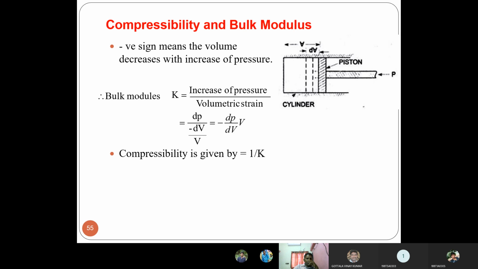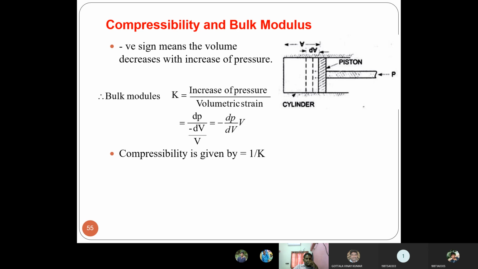Compressibility is the reciprocal of bulk modulus, so 1 by K. Otherwise, compressibility is nothing but the ratio of volumetric strain to increase in pressure. Like that also we can express it.